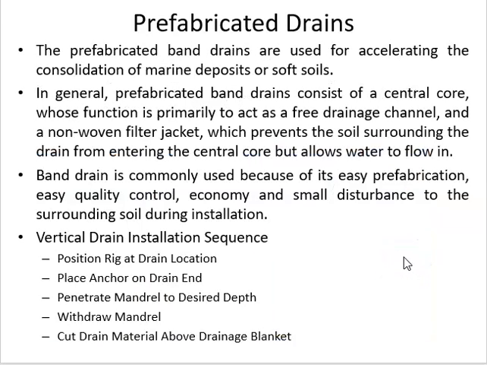So this is the vertical drain installation sequence: positioning the rig, penetrating the mandrel along with the prefabricated drain, leaving the drain in place and removing the mandrel, and finally cutting the drain material above ground level.